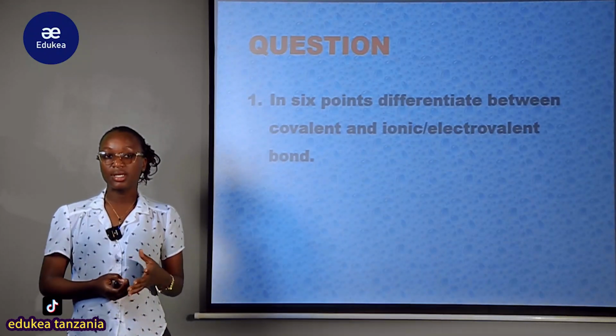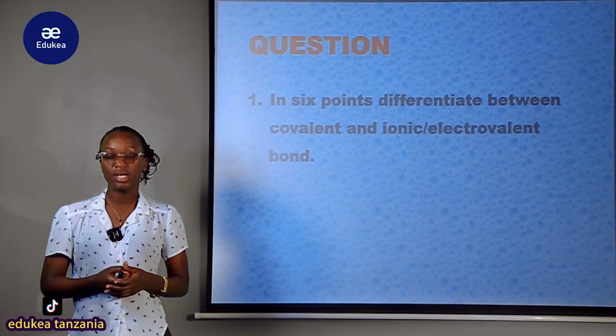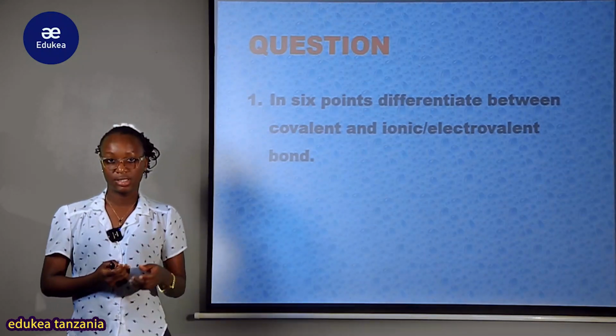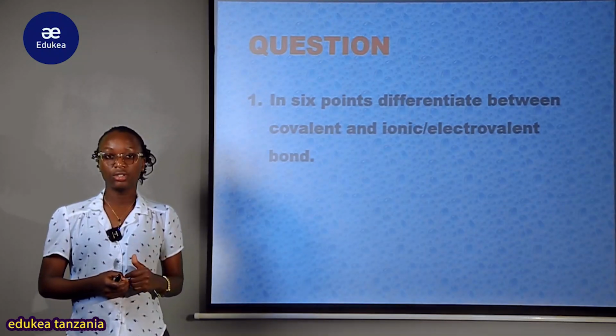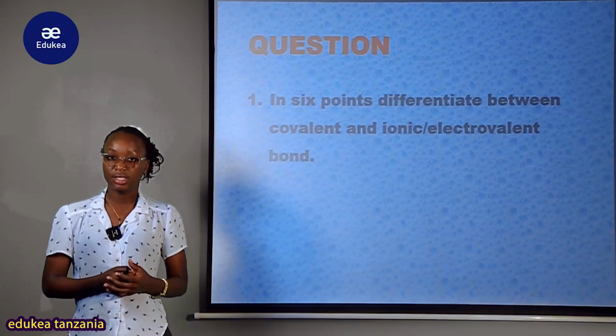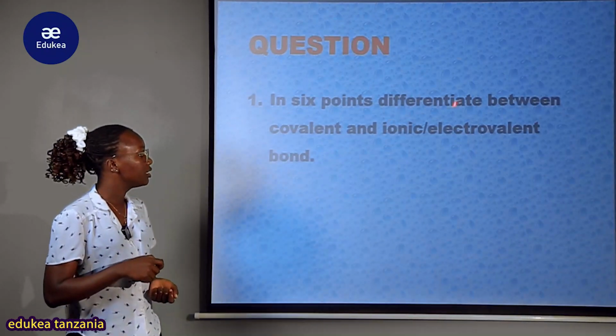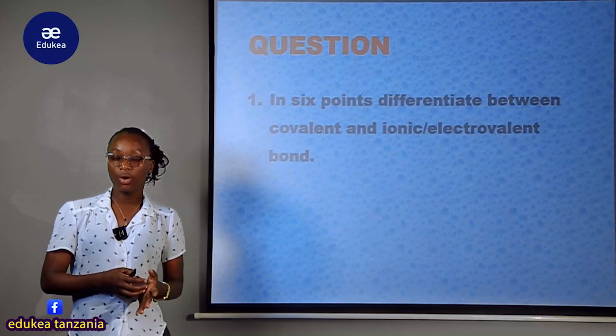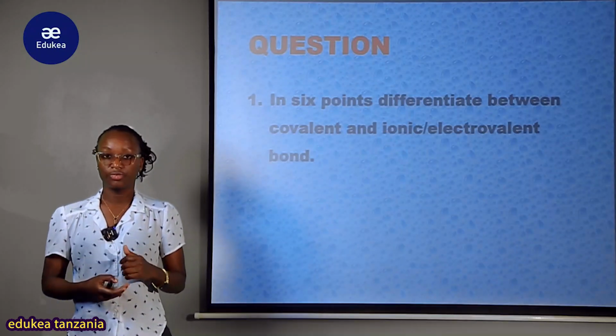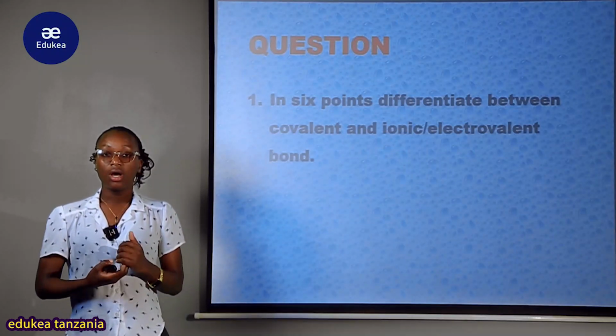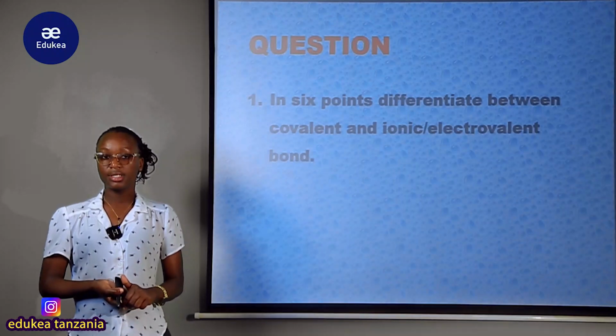Some students, you can see, have many points, more than 6. But because of the question, you will provide the 6 points. Therefore, we are required to differentiate between covalent bond and ionic or electrovalent bond.